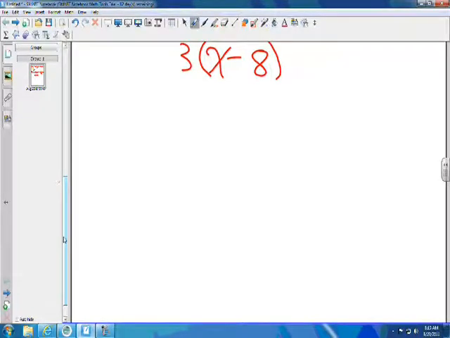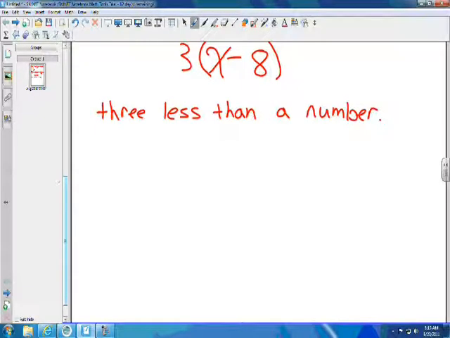One that oftentimes causes problems is when it says less than. 3 less than a number. The reason this one's tricky is because it looks like the 3 would come first. What is less than? What operation is that? Subtraction again.